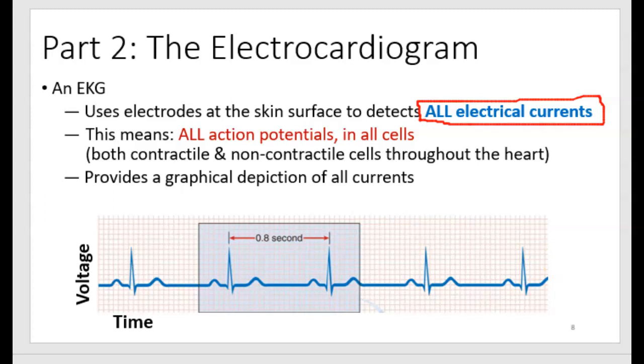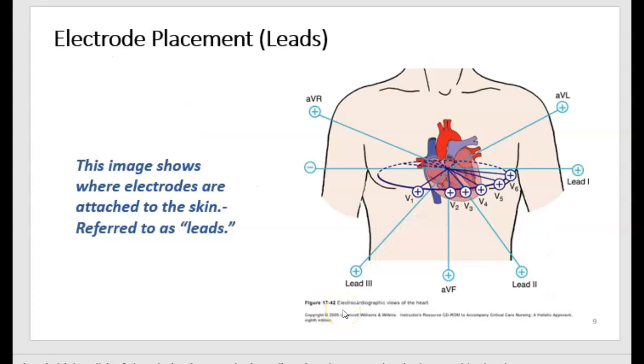We place electrodes on the skin to pick up electrical currents that are going through all parts of the heart. You could place electrodes in different locations of the body, like on a quadricep muscle, and then have it contract, and you would get an ECG reading. But we put it around the skin of the chest, and all these electrodes pick up signals that emanate from an intersection in the middle here.